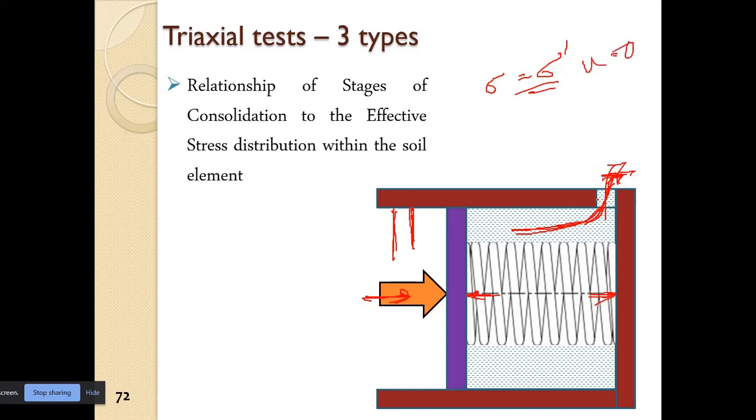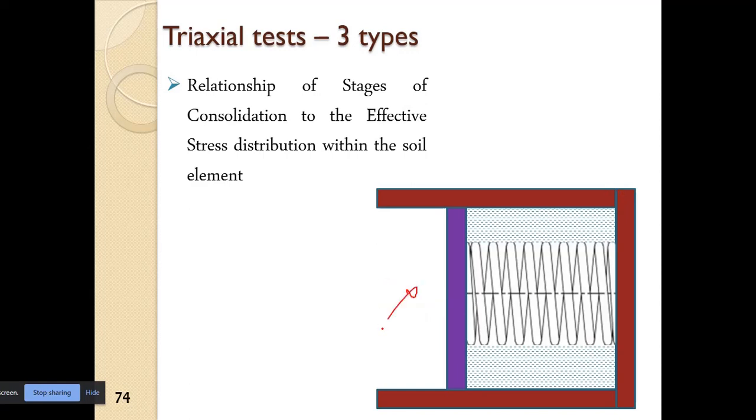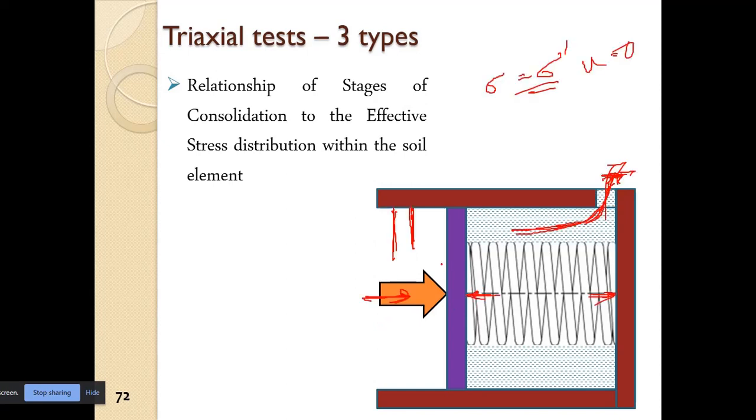Now we close the drainage. The load is applied, we close the drainage, and then we release the load. So we started from this point, we applied the load, and let the water drain out. When the water drained out there was no development of pore water pressure; whatever load we applied got transmitted to the spring, or the soil, and therefore we have this condition.